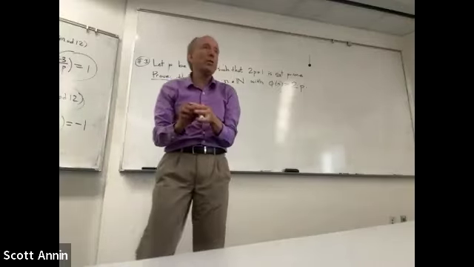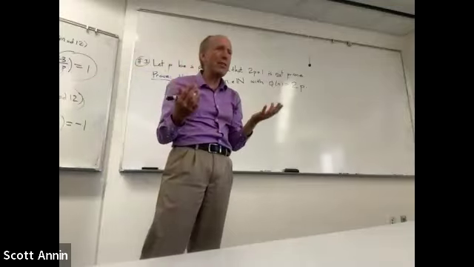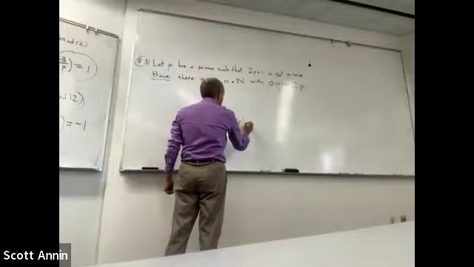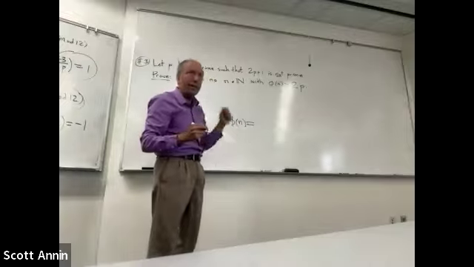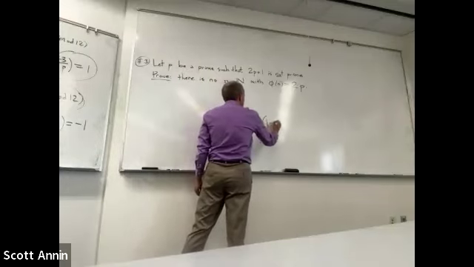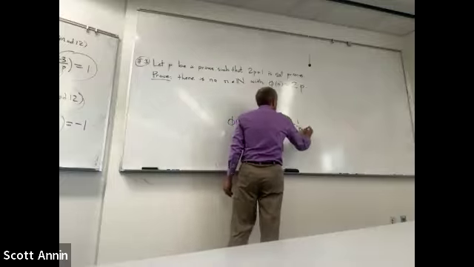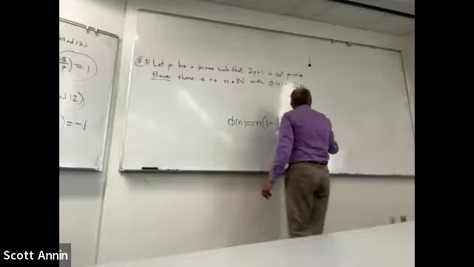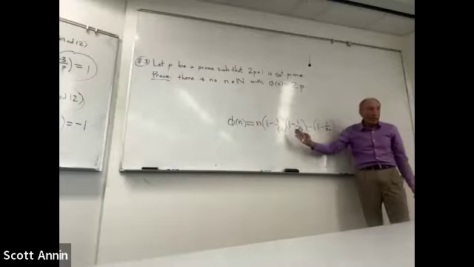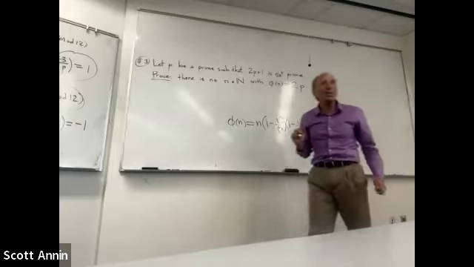You should know the formulas for phi of n. When I say formulas, there are several different rearrangements depending on how you factor it. The one that I like the most, the most generally applicable formula for phi of n, comes from theorem 7.3: it's n times the quantity 1 minus 1 over p1, and then 1 minus 1 over p2, and so on, where the p's are just the distinct primes that occur in the factorization of n.